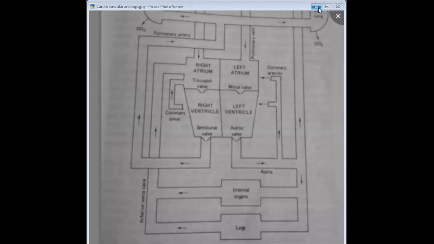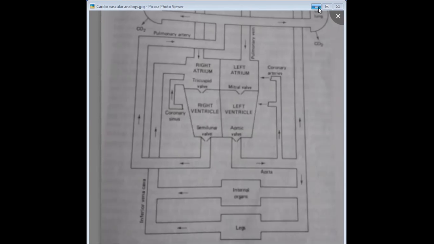Due to that, the pressure in the left ventricle also increases, and due to the contraction of the heart, the blood is pumped to the remaining parts of the body through the aorta. So this is known as the aorta. The aorta supplies blood to the body.